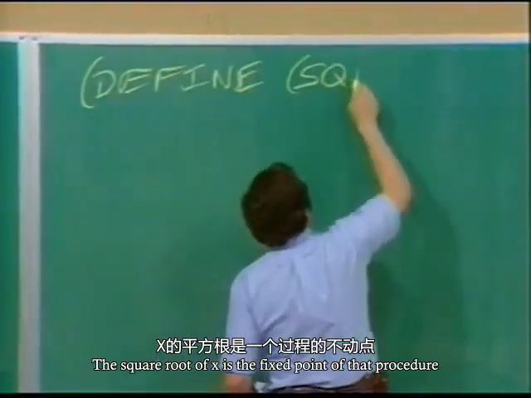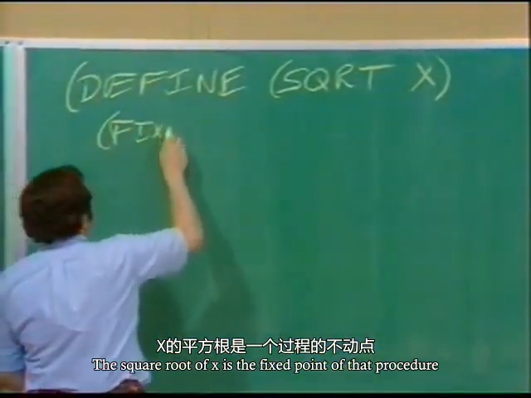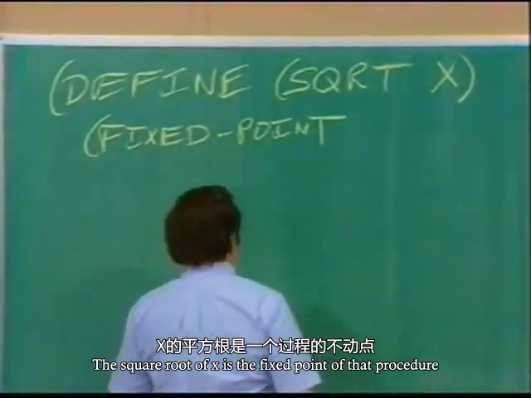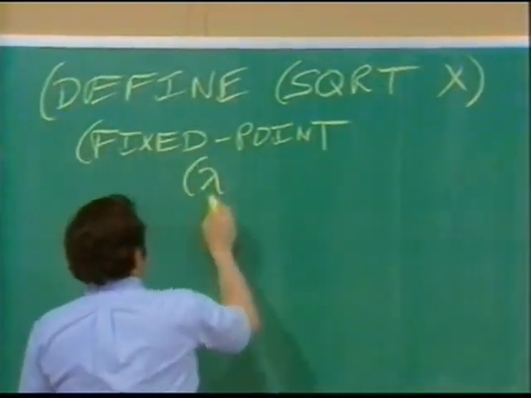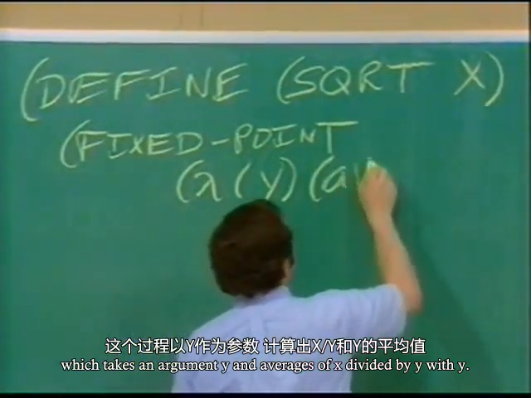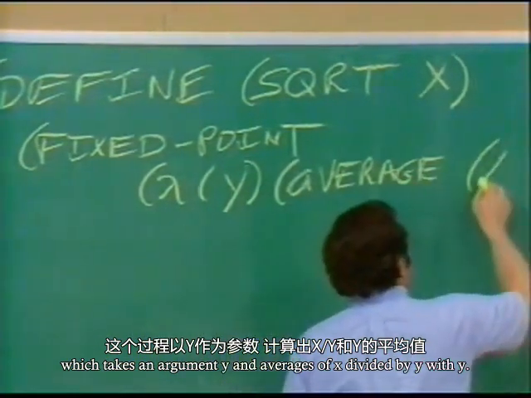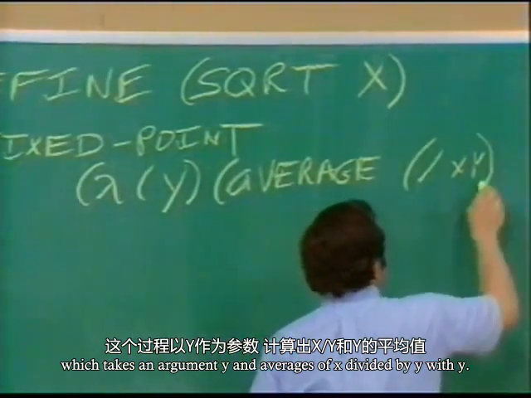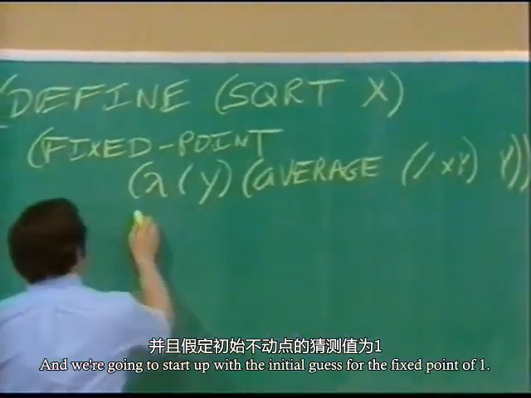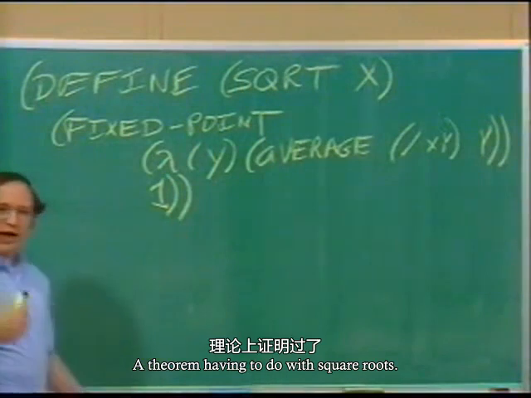The square root of x is the fixed point of that procedure which takes an argument y and averages x divided by y with y. And I'm going to start with an initial guess for the fixed point of 1. Doesn't matter where it starts. A theorem having to do with square roots.